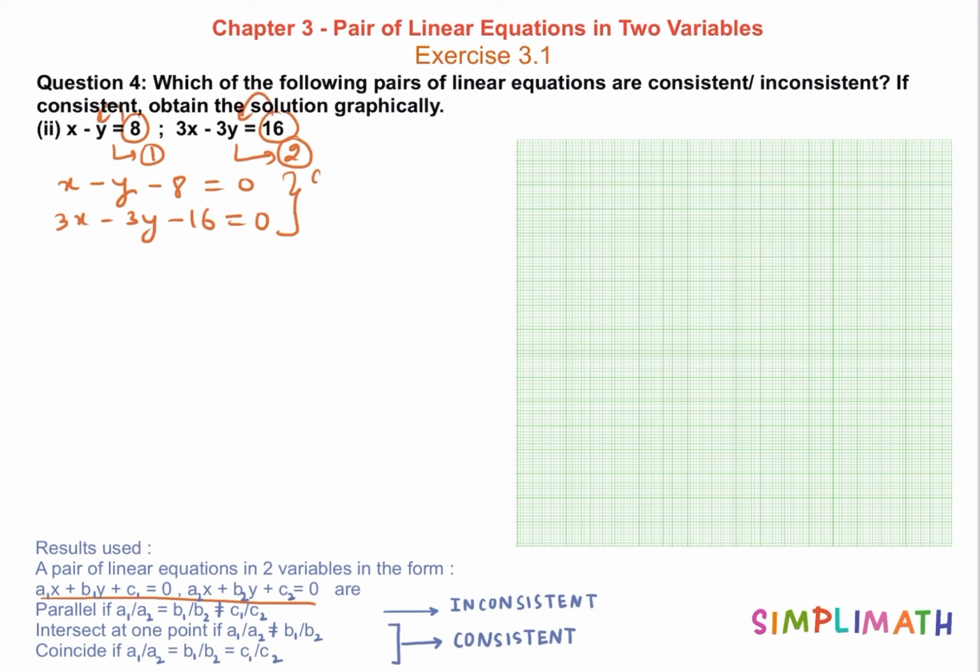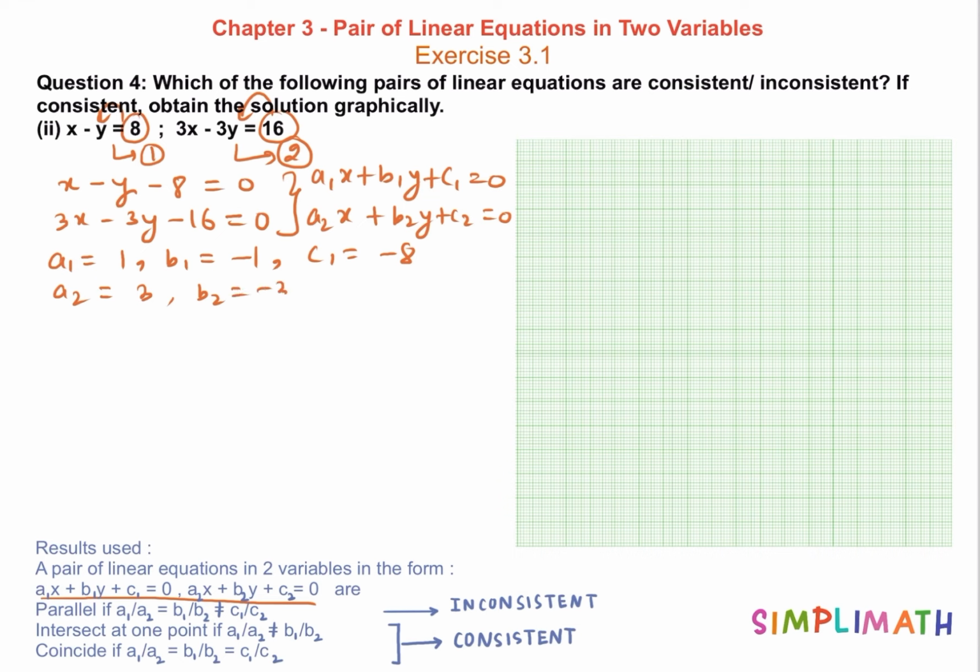Now comparing this to a1x plus b1y plus c1 equal to 0 and the second equation to a2x plus b2y plus c2 equal to 0, we have a1 equals 1, b1 equals minus 1 and c1 equals minus 8, and a2 equals 3, b2 equals minus 3 and c2 equals minus 16.